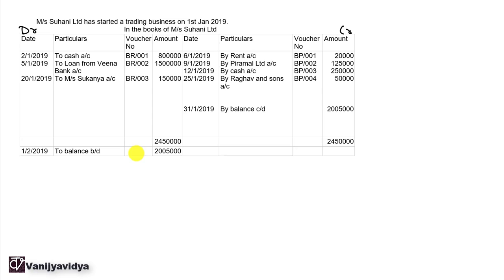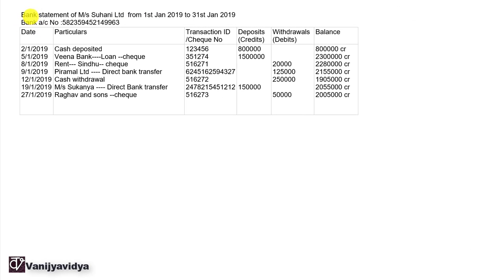Now, let's see what is a bank statement and how do we read a bank statement. This is a bank statement of Messrs Suhani Limited from 1st Jan 2019 to 31st Jan 2019. You have bank account number and then other details are date, particular, you have transaction ID or check number, deposits, that is credits, withdrawals, debit and balance.